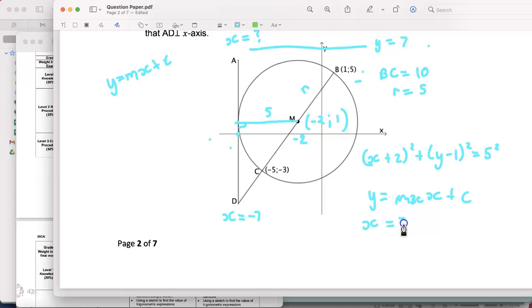So it's as simple as that. You already have the x value. All you're going to do is get the equation of that line, and then find the coordinates where they intersect.